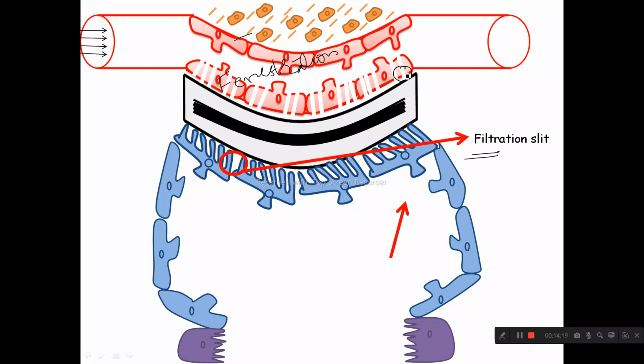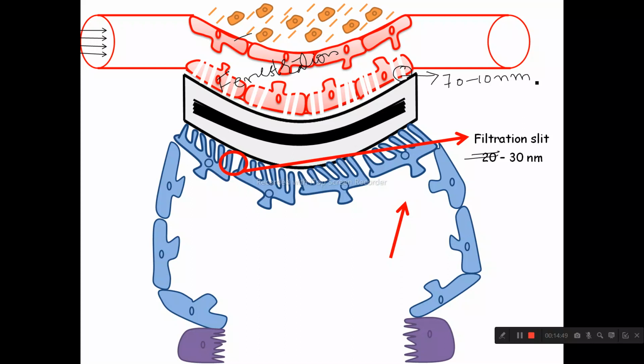On the endothelial side, the size of these fenestrations was nearly 70 to 100 nanometer, but the size of the filtration slit is 20 to 30 nanometer. It means the size barrier. Fenestrations are larger and slits are narrower. Therefore, molecules that are smaller can pass through it, and molecules that are larger cannot pass through it.